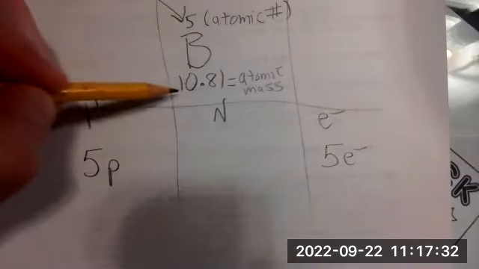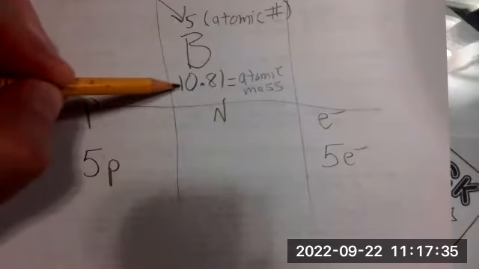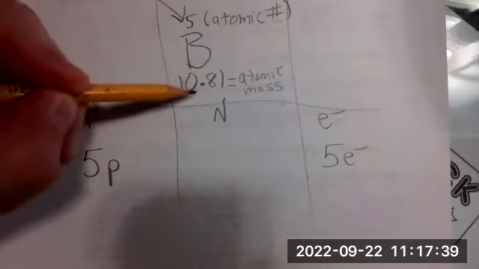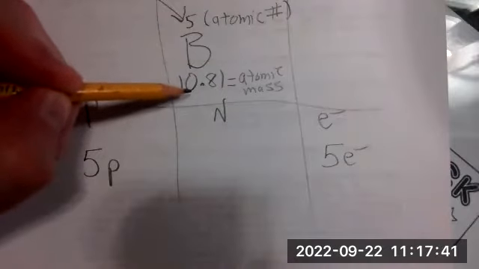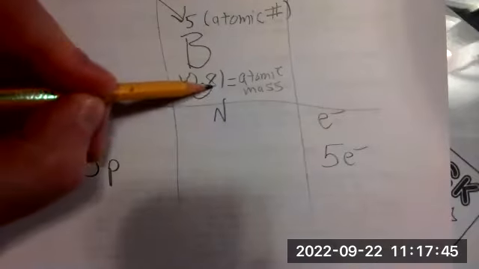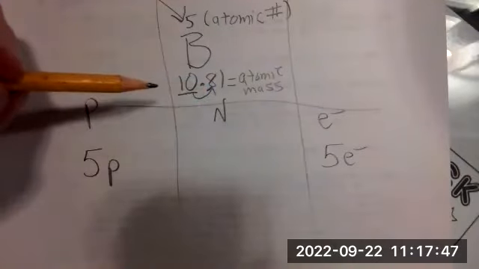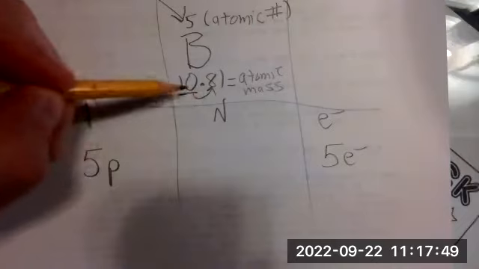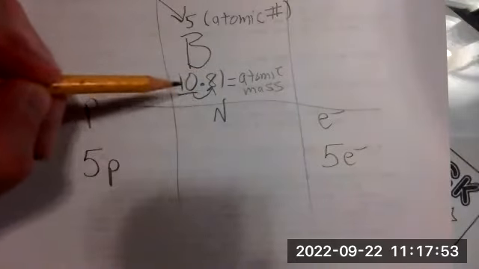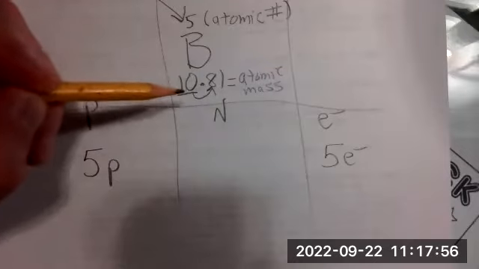So let me say that again. When we take the atomic mass from the periodic table, which is a decimal, and we round it to the nearest whole number, I have to look to the next digit over to the right. And when I round that mass to a whole number, I create what's known as the mass number.